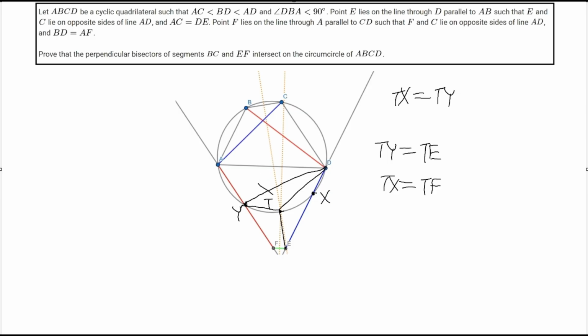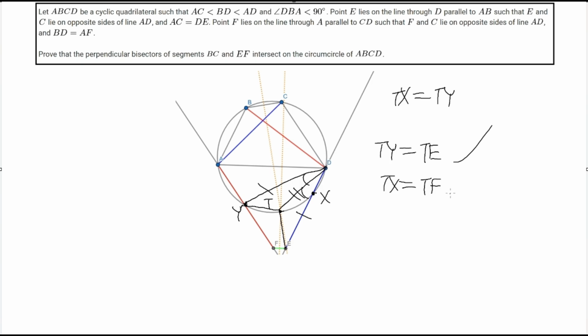So we have equal length 1, equal length 2, and now we just need an angle in order to prove that these two last sides are the same. And then we want to prove that these two angles are equal. But since T is the midpoint of the arc, and the midpoint of the arc always lies on the angle bisector, this is just true. And therefore, by SAS congruence, we have that this is true.